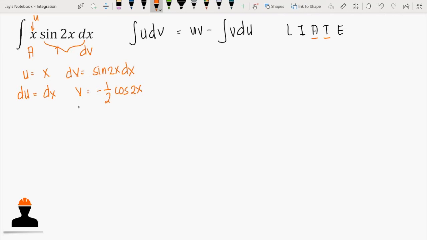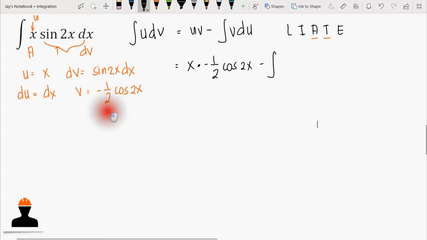Now we can substitute u, v, and du in the by parts formula. Our u is x, and our v is negative 1/2 cosine 2x, so x times negative 1/2 cosine 2x, minus the integration of v, that is negative 1/2 cosine 2x, times our du, which here is dx.